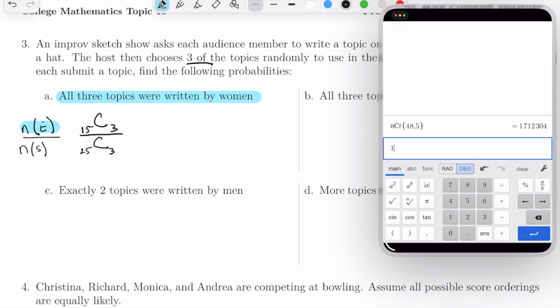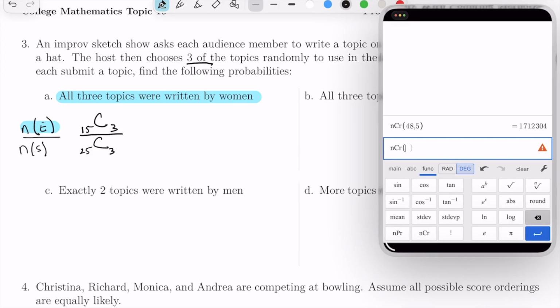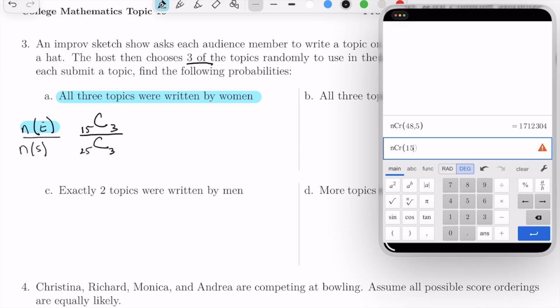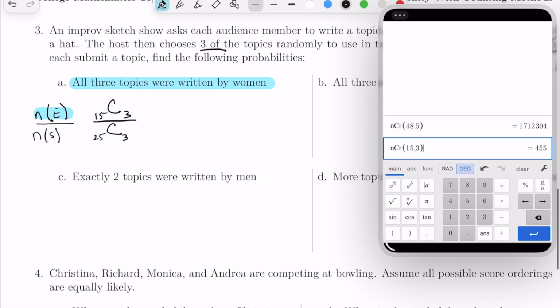But we'll do 15, oops. Let's go ahead and get our nCr and 15 comma 3. So our numerator is 455. And our denominator then, 25C3, is 2300.